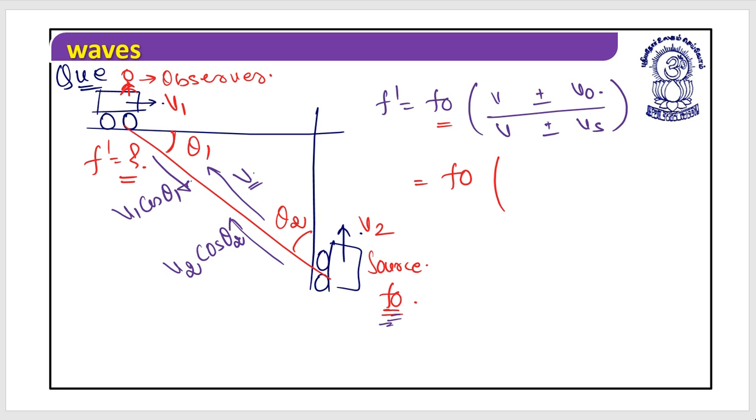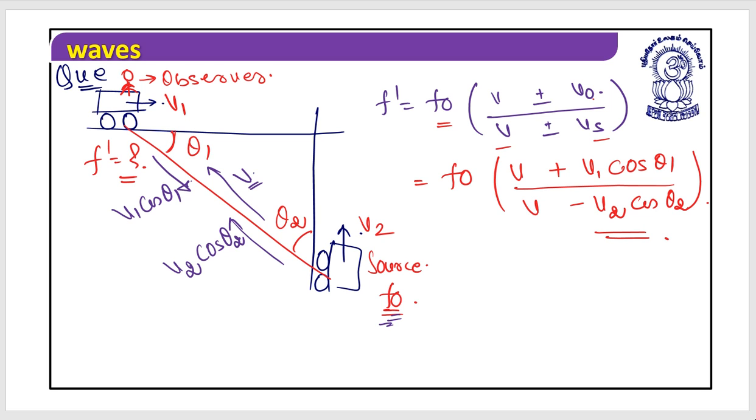When I say it's an observer, this is v1 cos theta 1, so this is v plus v1 cos theta 1 divided by v, and for the source, this is v minus v2 cos theta 2. I hope this is clear. This is f dash.